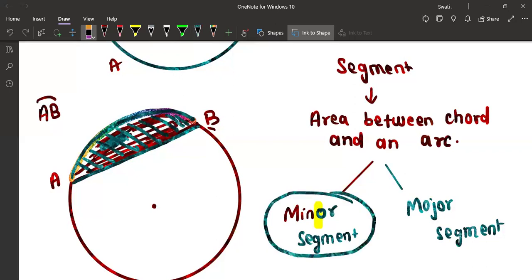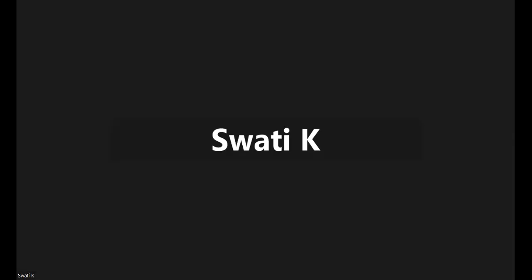And what will be the major segment? The major segment is formed by the chord AB and the major arc AB.